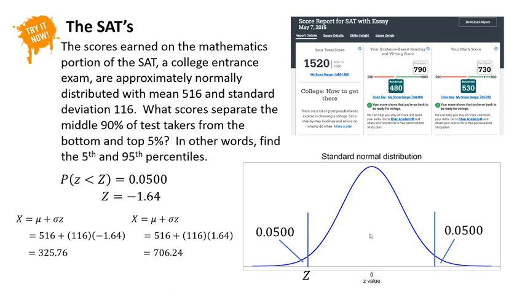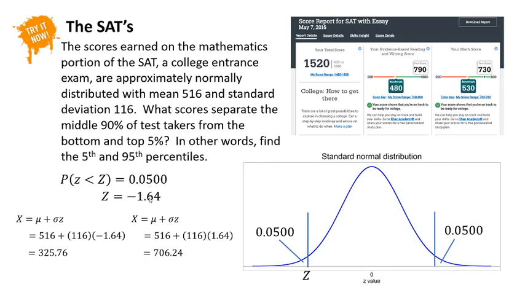Well, the middle 90% is going to have 5% over here and the remaining 5% over here. So we're trying to find the value of z that has just 5% to the left of its location, and the value of z that has 5% to the right of it.